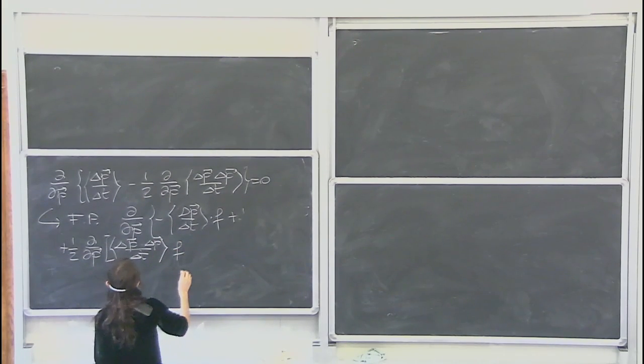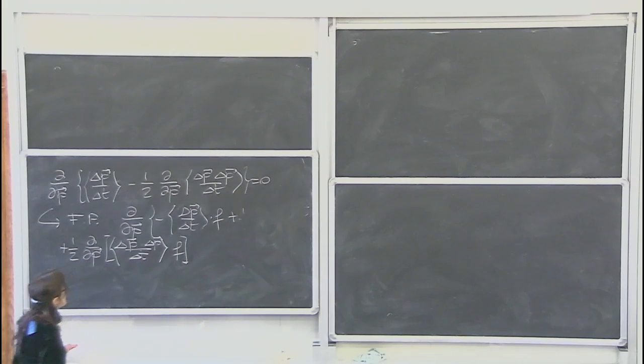So this is just the part, and then we have the partial derivative over time.